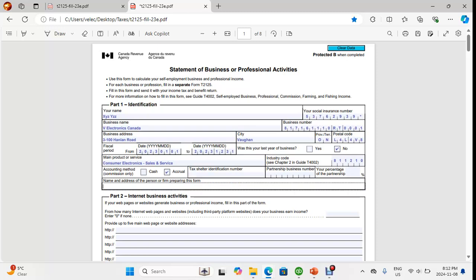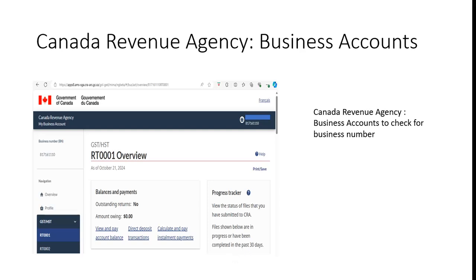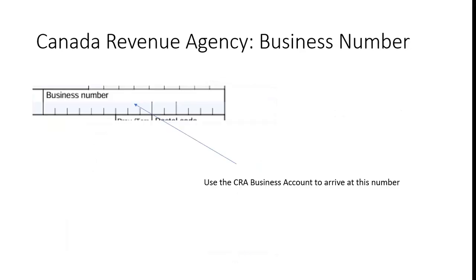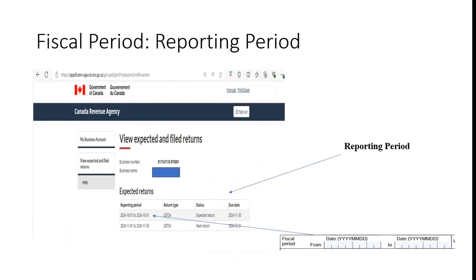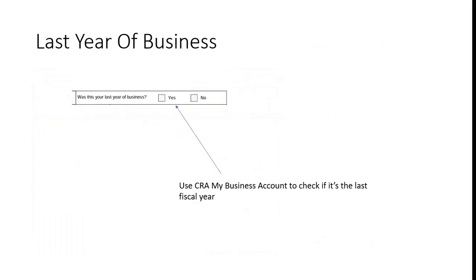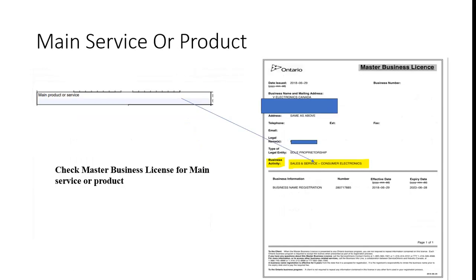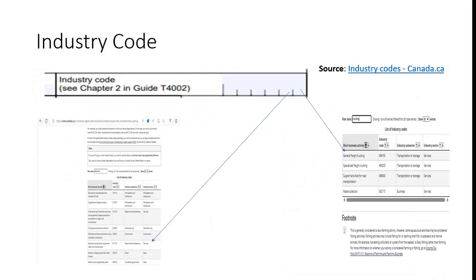Name and address of the person or firm preparing this form. When it comes to preparation, you can have your form filled out by an accountant, by a bookkeeper, a tax preparer, and so on and so forth. However, CRA does give you the option to have your forms filled out via a person who uses your Represent My Client account. This is an account on your CRA account.